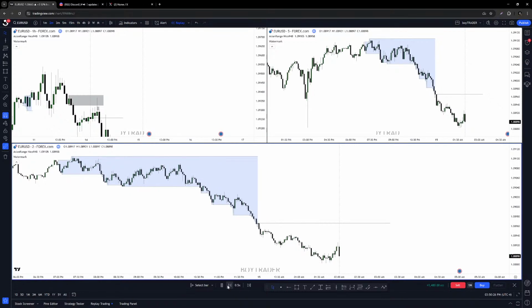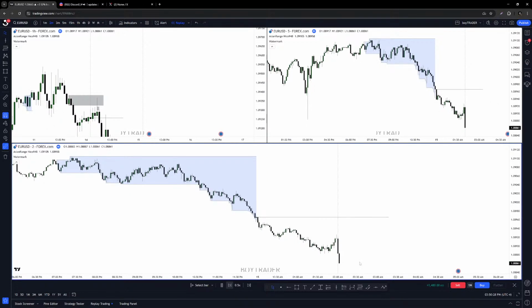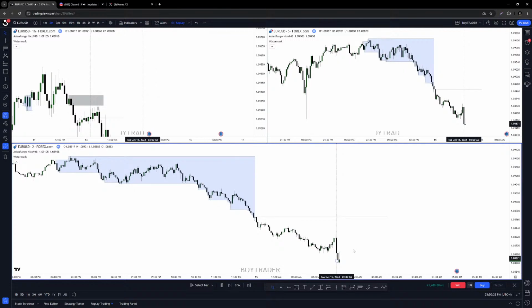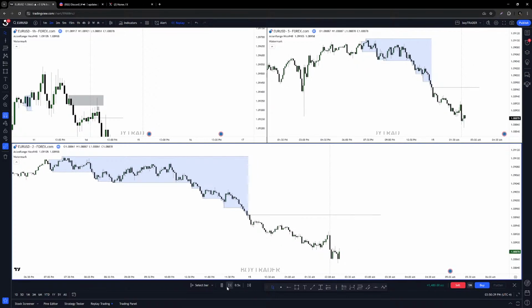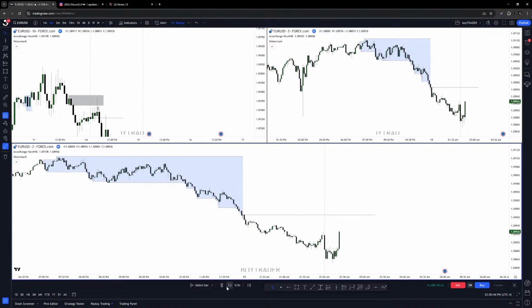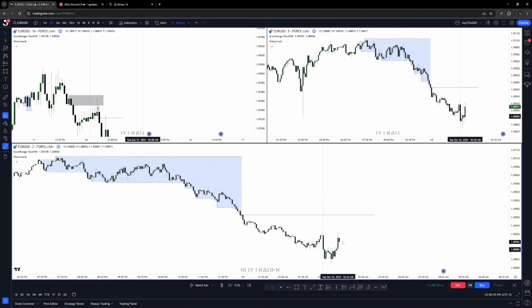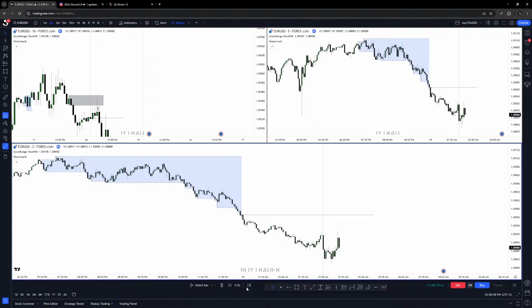When you find a shift, now this is what we like: a sweep and a shift. We need to find a shift in market structure. And it should be like a candle like that, something aggressive and has a fair value gap as well.